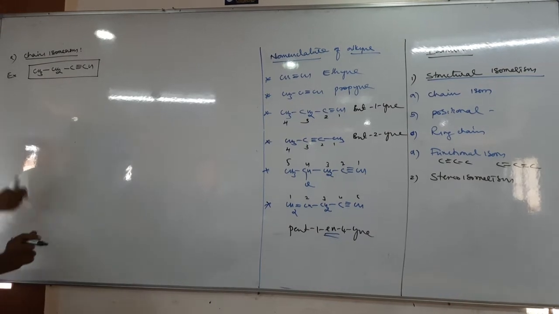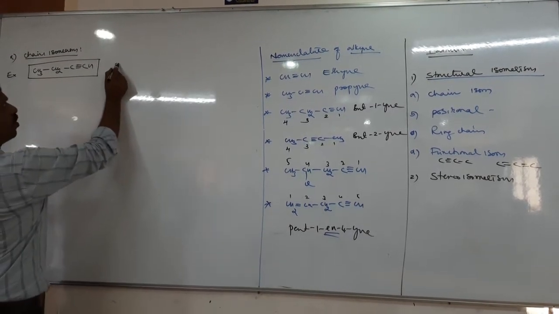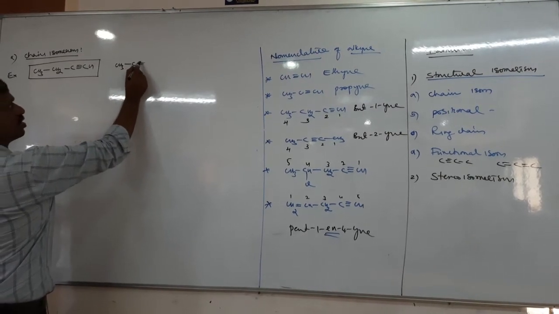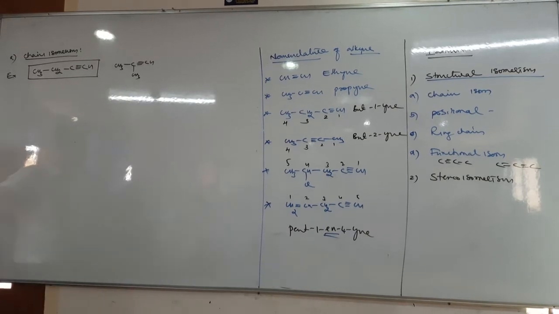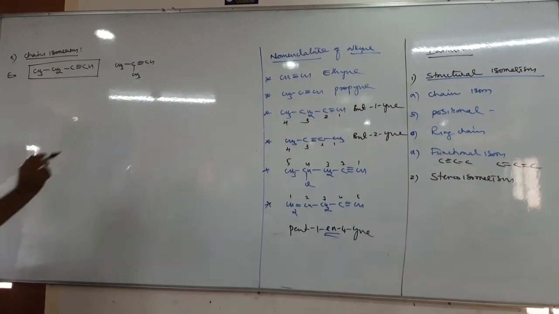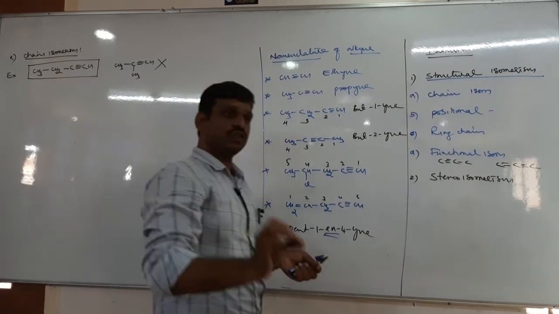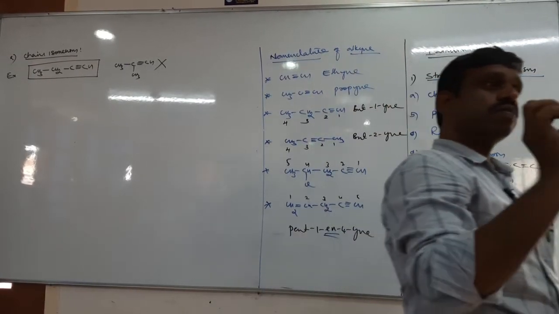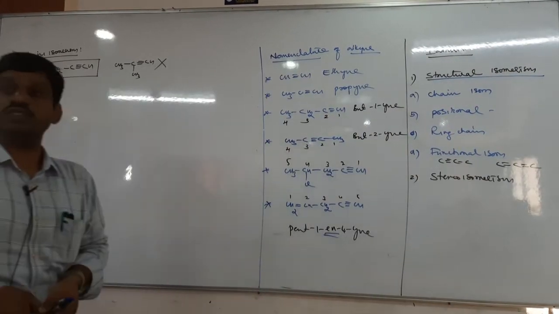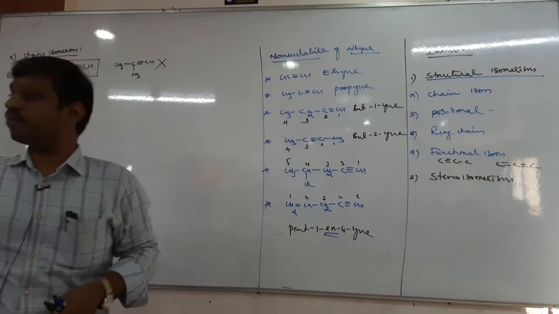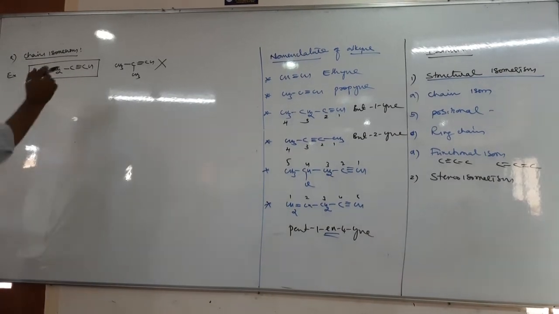Now, can you write another alkyne with 3 carbon atoms? If I want to write, I must write like this. This is one possibility. Here should be CH3. Is it possible? It is not possible. So to exhibit chain isomerism, an alkyne must have a minimum of 5 carbon atoms. 4 carbon atoms is not possible. 4 carbon atoms is possible for what? Alkane and alkenes.